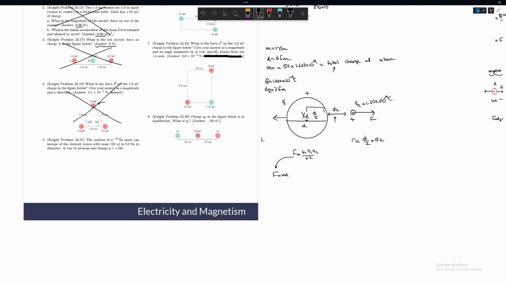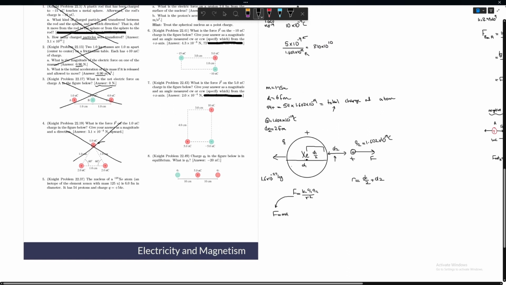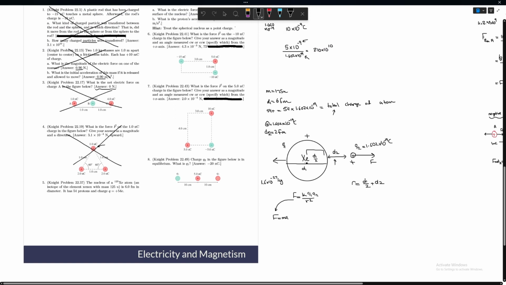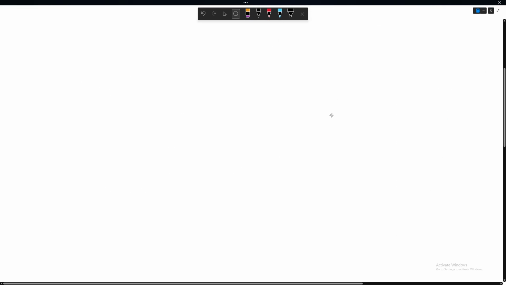If I can remember, it's 1.6 times 10 to the negative 27 kg. That's the mass of a proton. It's a given, a constant. Search it up if you want. All right, that's how you do that problem. Let's take it away.